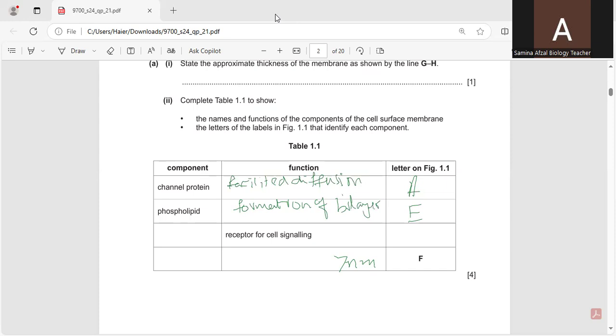Then the receptor for signaling. So they are the glycoprotein, or glycoprotein, and it is shown with the letter B. And the next part, which is F, is a cholesterol molecule, which maintains fluidity.